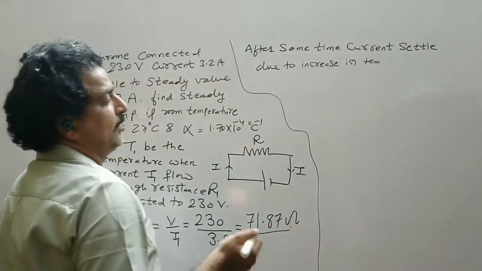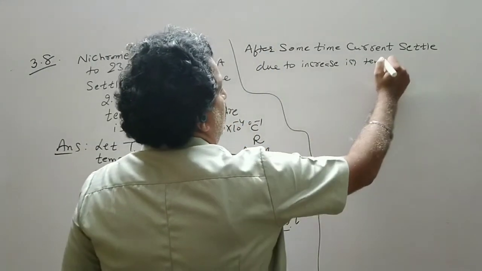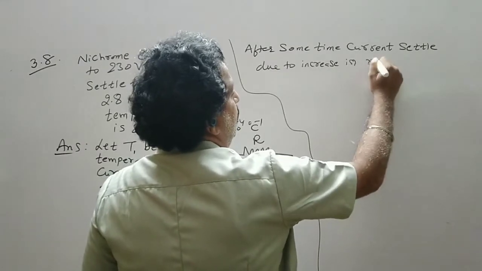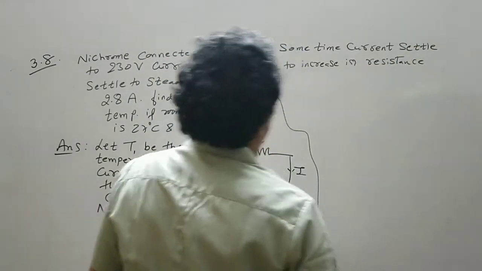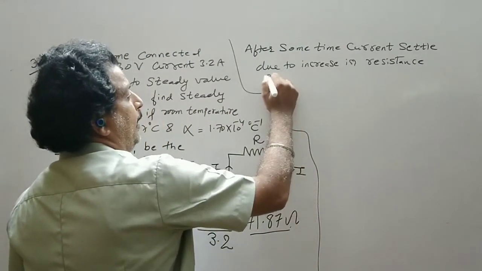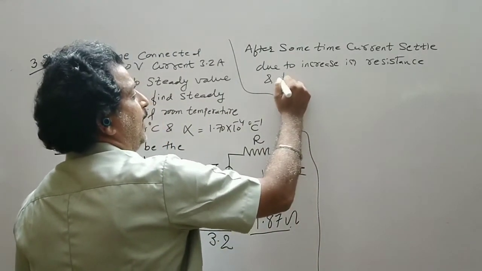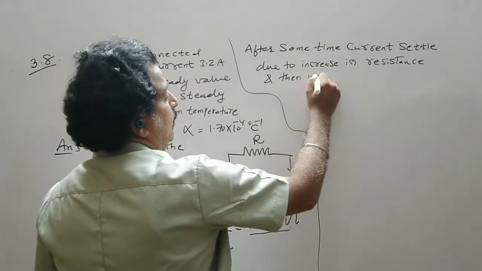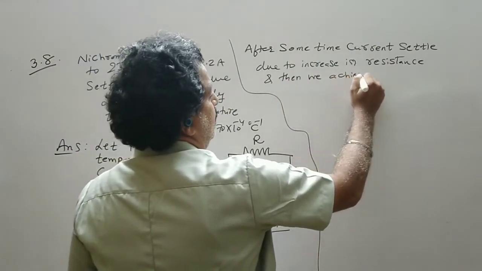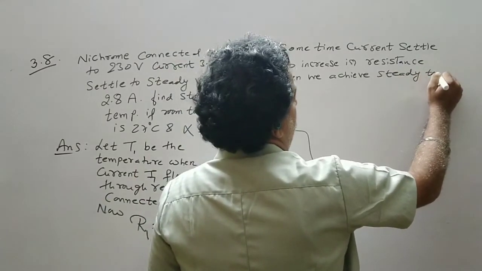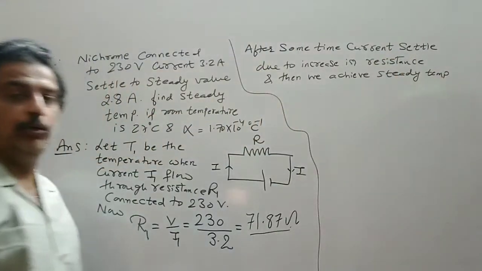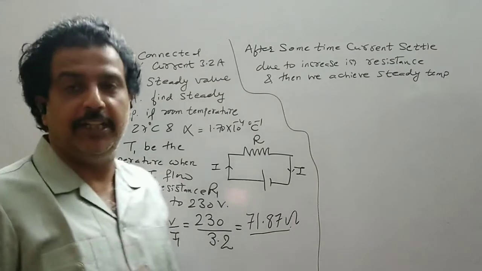After some time current settled due to increase in resistance, and then we achieve steady temperature. So this is all about the heating effect of an electric current.